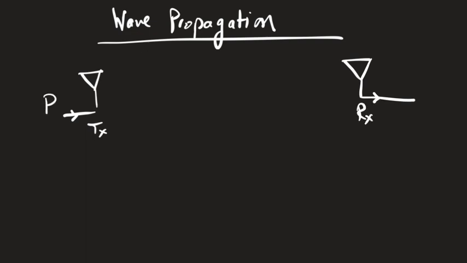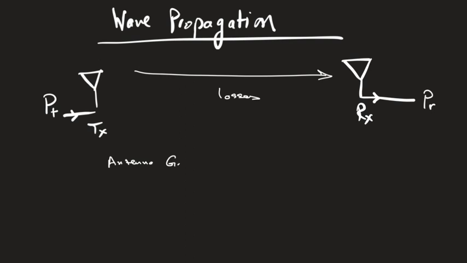If I put a certain power here, call this P input to the transmitter, I should be able to calculate the output power from the receiver side, and this calculation includes some losses that happen in the channel, and it includes something called antenna gains, whether for the transmitter or the receiver side. The losses that happen in the channel depend on the channel model.